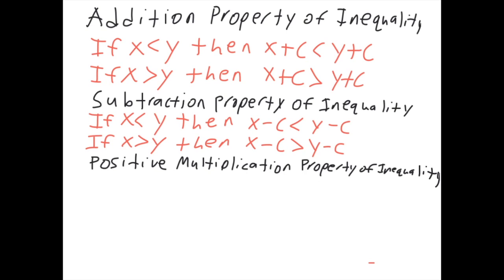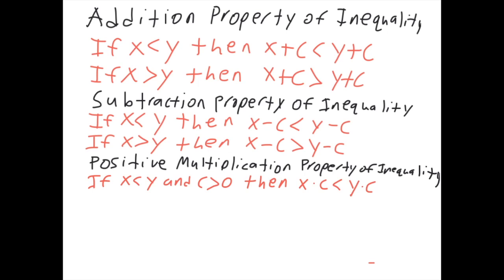Now here's where things start to get a little bit different. First, we're going to do the positive multiplication property of inequality. So this one says if x is less than y and c is greater than 0, so some positive number, then x times c is less than y times c.